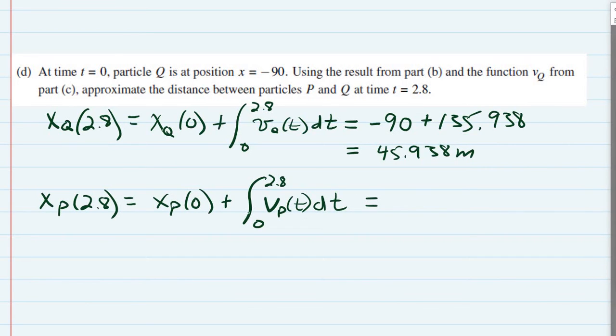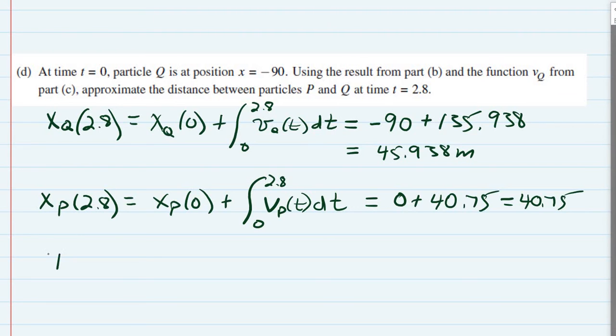We got this integral through an estimation using the trapezoidal sum. So this ends up being 0 plus 40.75. That was our estimate. And we were told also in the problem that the initial position of particle P was 0. And so we've got 40.75.